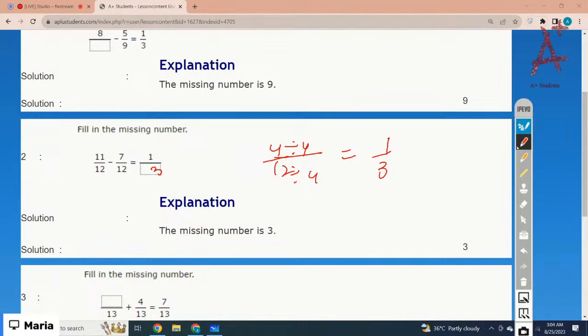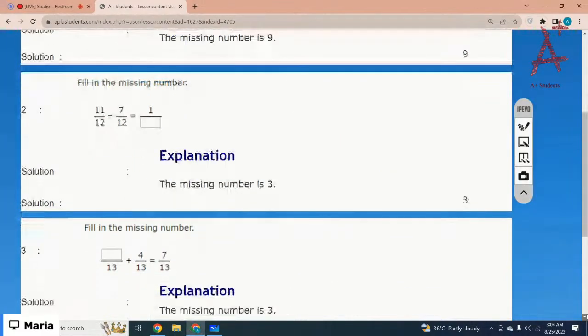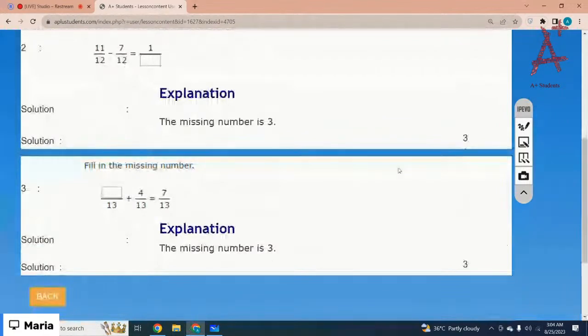Okay, the next one is fill in the missing number. So how do you find the missing number? You can see all of the fractions on both sides have the same denominator 13, right?